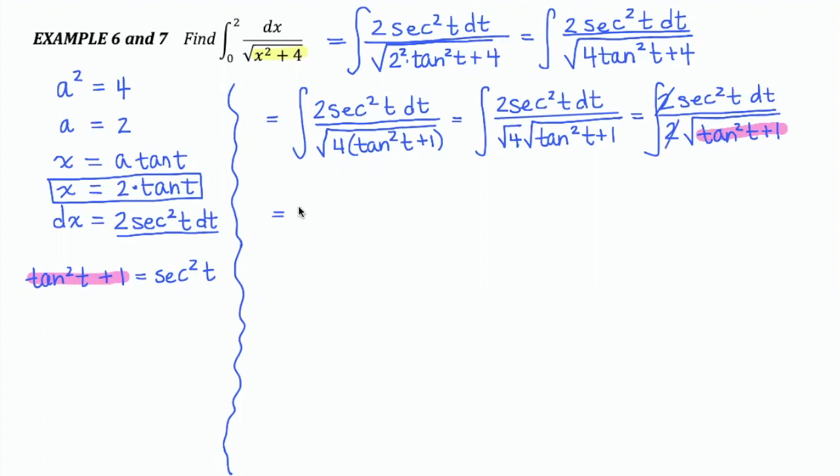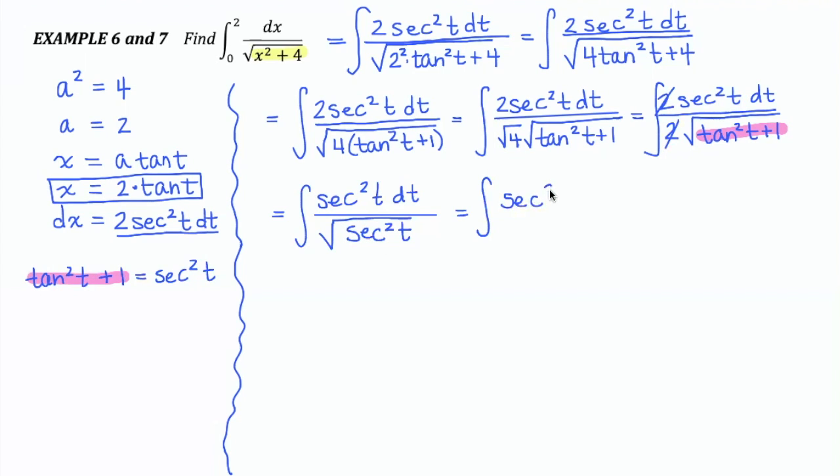So I now have the integral of secant squared t dt, and underneath the square root, I also have a secant squared. And this is the beauty of the trigonometric substitution, is I'm now going to have my radical disappear, because when you take the square root of something that is squared, they cancel each other out and just leave you with whatever that base was.